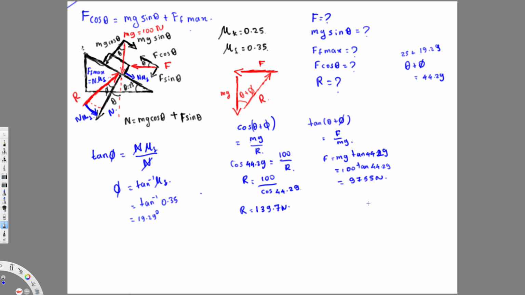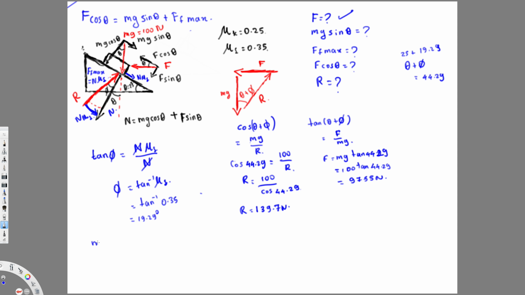Then from this information, let's see what we can do. Since we have N is equal to mg cos theta plus F sin theta, I can calculate that, but that's not a question. So what else do we have? We have found F successfully. We didn't find mg sin theta yet. mg sin theta is just a direct substitution.